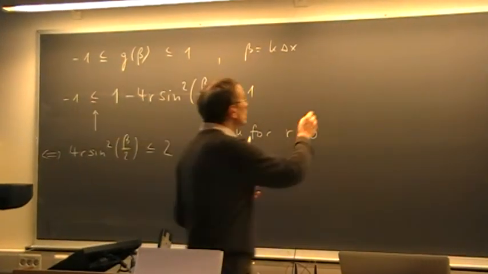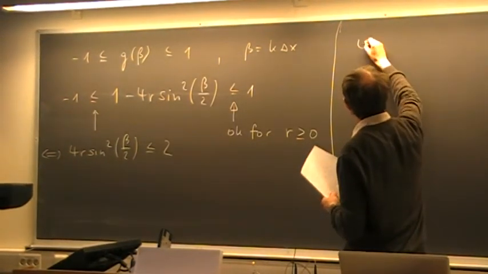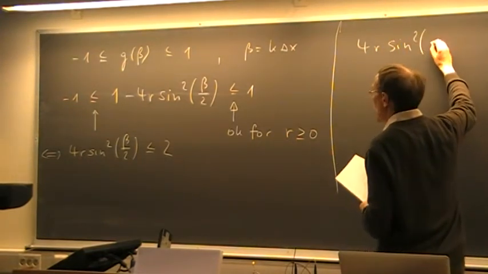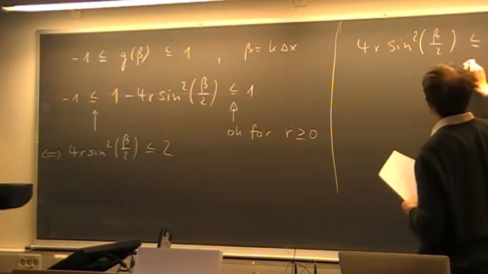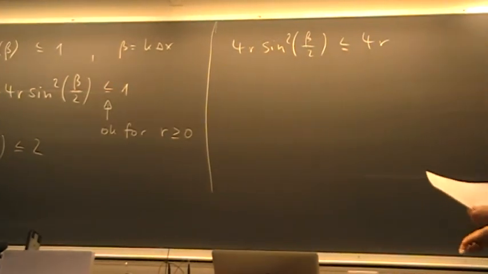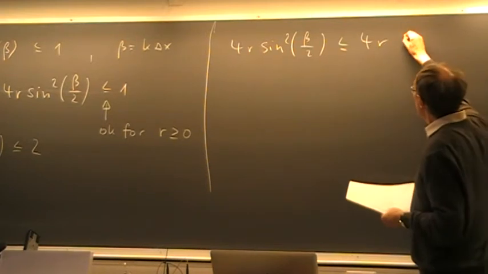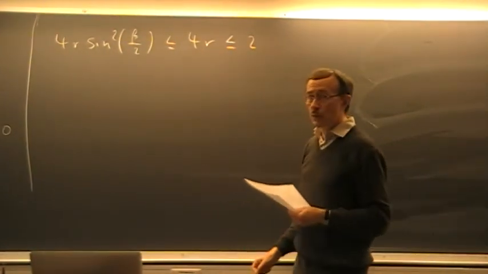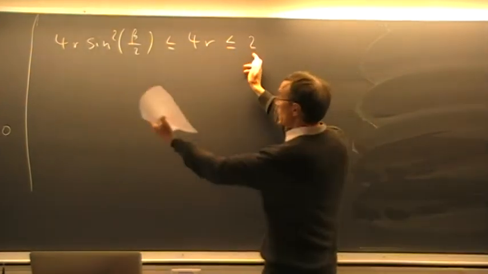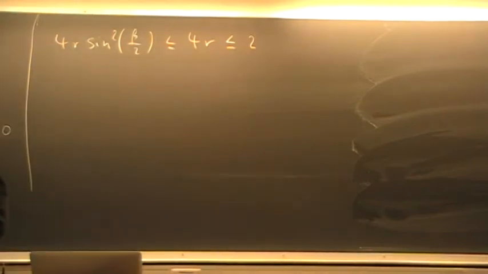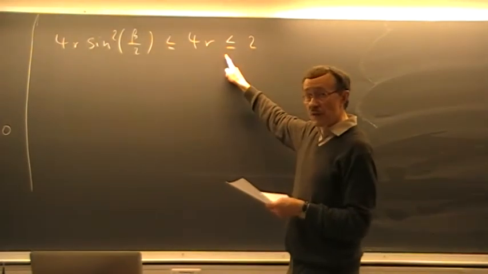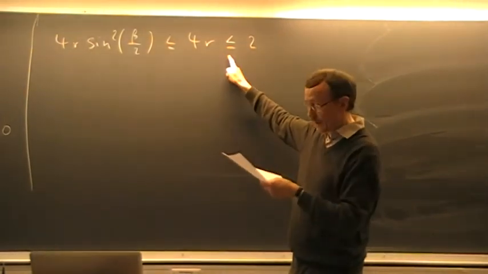So we have the relation that 4r sine squared of beta half is smaller or equal than 4r, because the sine squared is at most 1. And then we require this to be smaller or equal than 2. If we have this satisfied, then this inequality will hold, and then this, and then this. So if we choose r in this way, we get the left inequality.